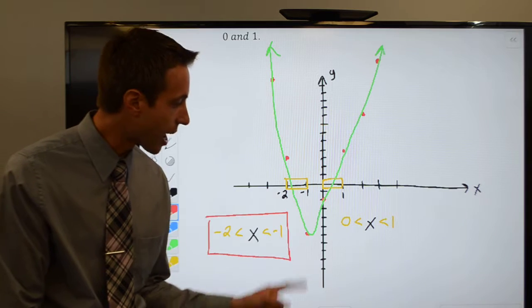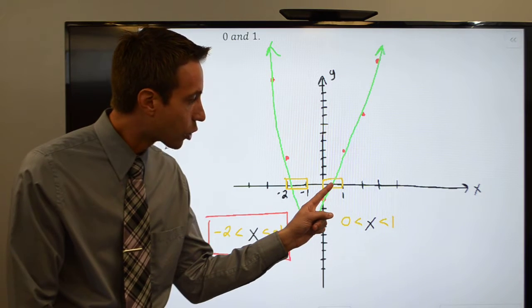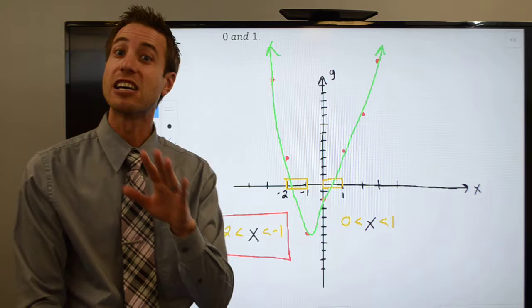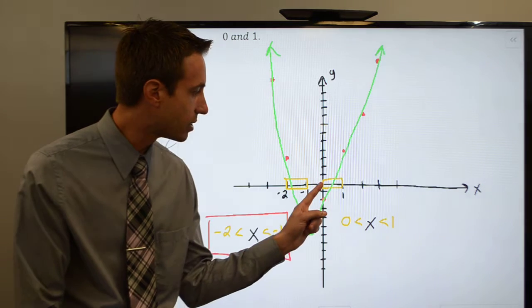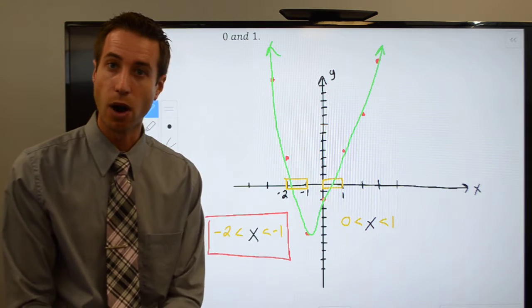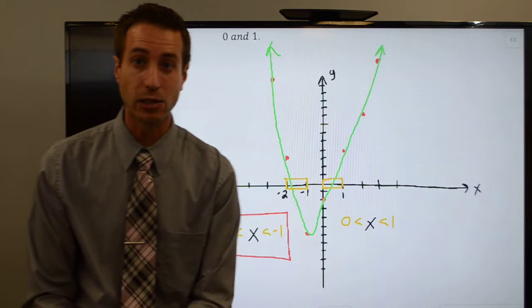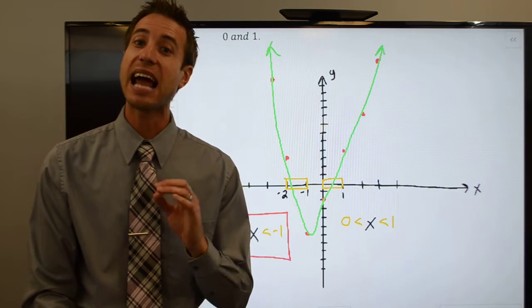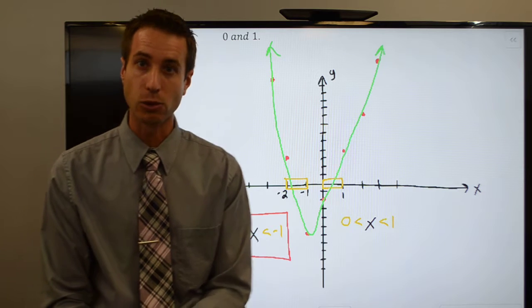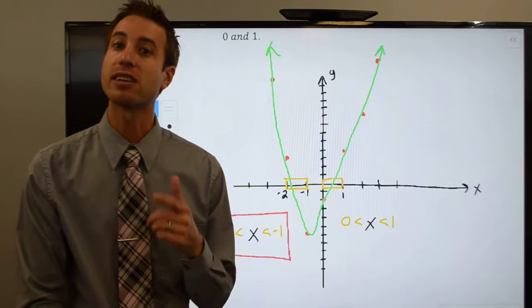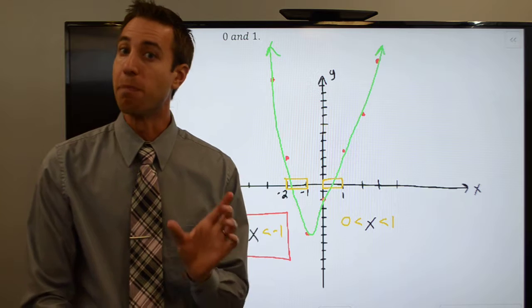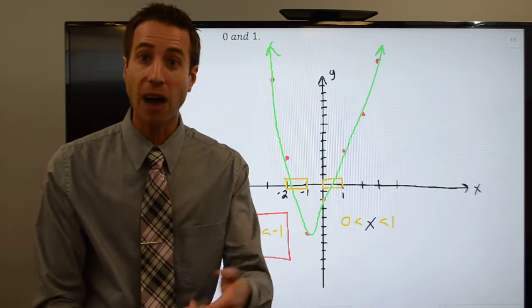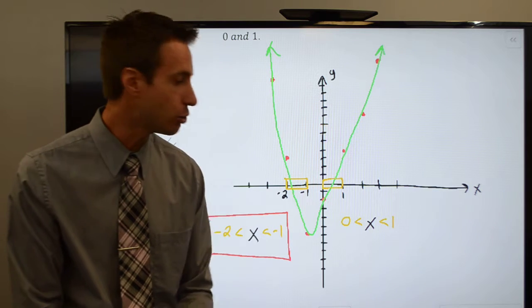On the other side, notice that my line crosses the x-axis somewhere between 0 and +1. What is the exact solution? Again, it doesn't matter. I didn't ask you for the exact solution. I asked you for the consecutive integers between which I could find my exact solution.